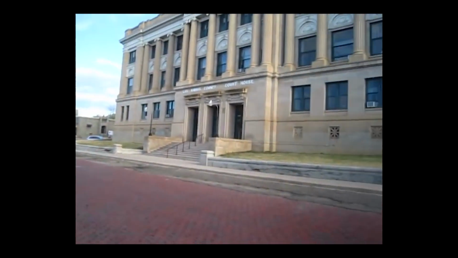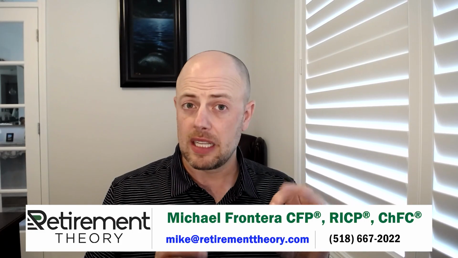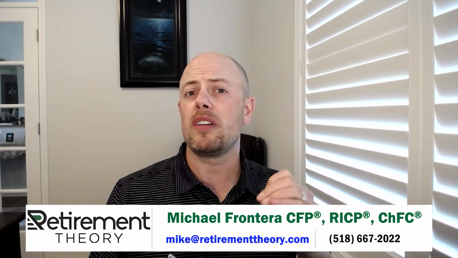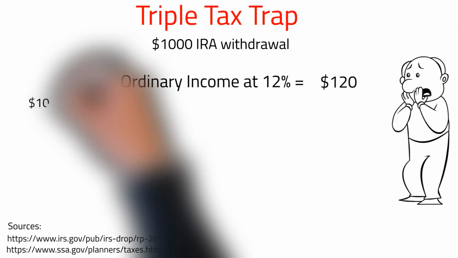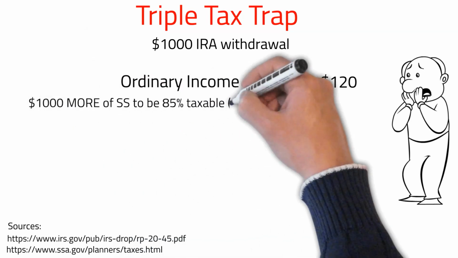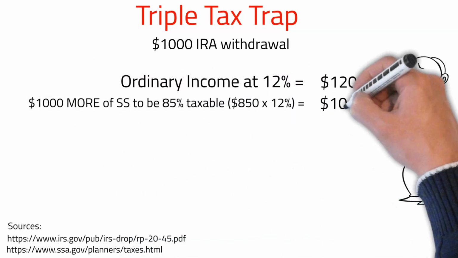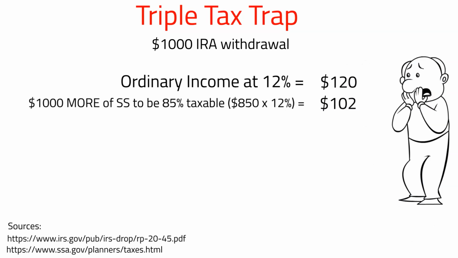Not too shabby. Well, yes, that $1,000 is taxed at 12%, so there's your $120. But watch. That $1,000 actually pushes $1,000 more of your Social Security to be 85% includable in income. So we have to add $850 more of income. So there's another $102 in tax.